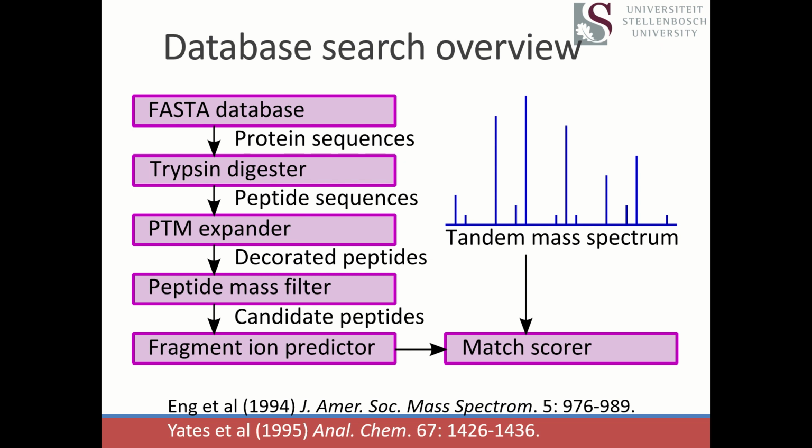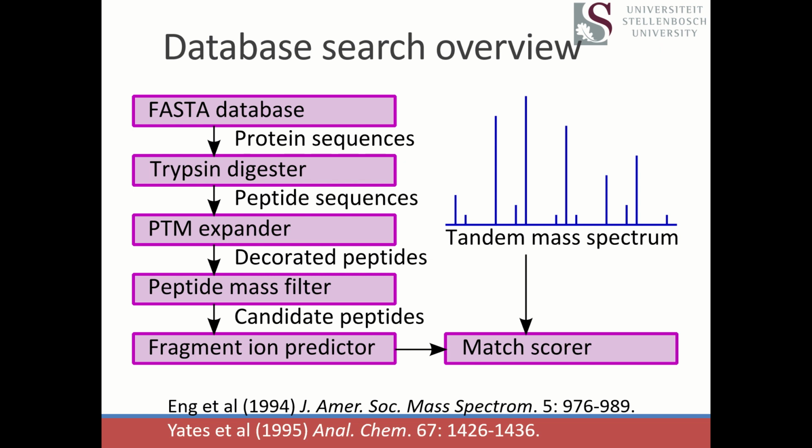That's kind of a hard thing to do. So there are two routes you can go with this. One is that you can infer sequence from the tandem mass spectrum and see if that inferred sequence matches the sequence database. That's an approach called sequence tagging, and we're not discussing it today. We're instead talking about the thing that we do all the time, which is to predict what the spectrum should look like if it were this peptide sequence.